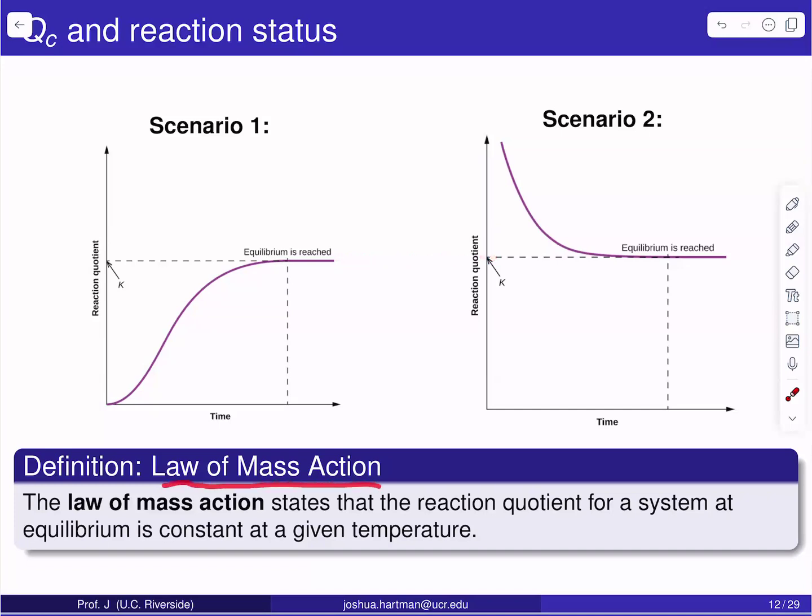And we actually codify this in the so-called law of mass action. The law of mass action states that the reaction quotient for a system at equilibrium is constant at a given temperature. Again, whether you're starting off with more reactants or more products, in different scenarios Q will be changing, but K will be the same for both, again, at a given temperature.